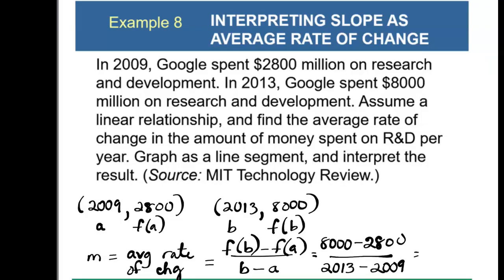Okay, so we have 8,000 minus 2,800. Then we're going to divide that by that difference, which is 4, and we get 1,300. So $1,300 million would be our average rate of change per year.